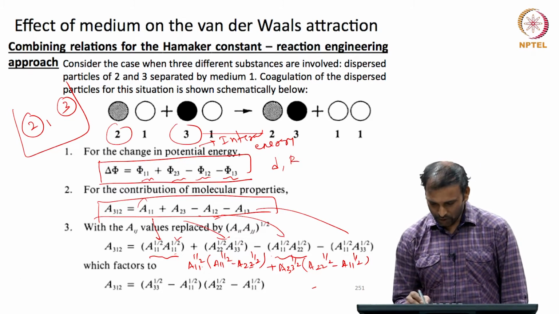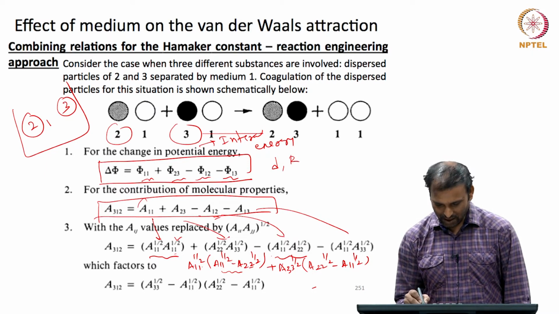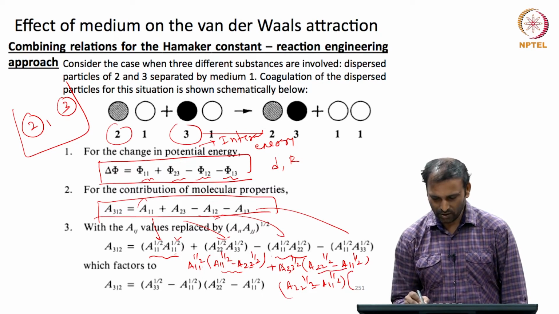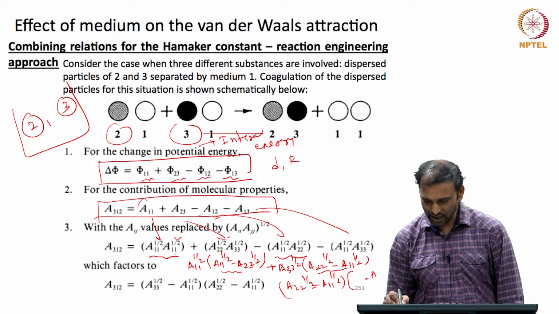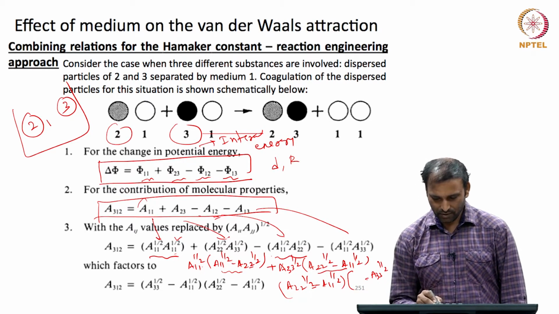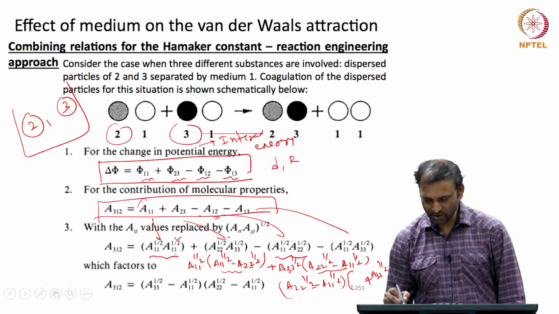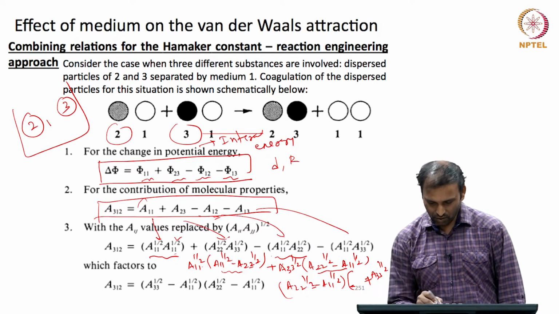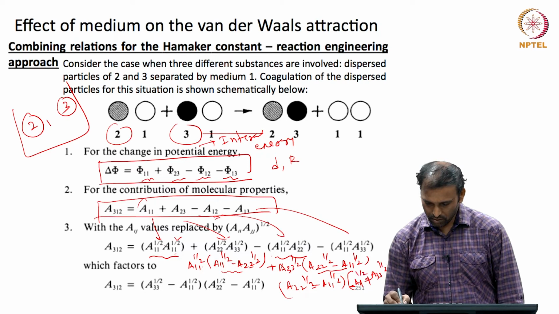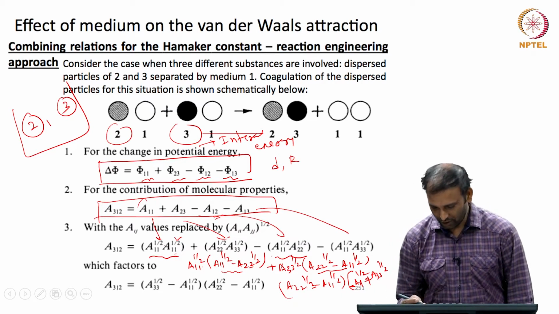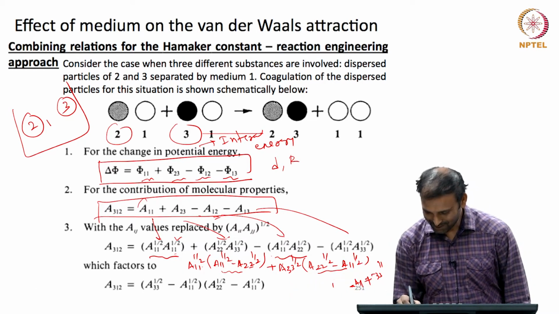Now, because one is positive, the other one is negative here, I can take A22 half minus A11 half common. Therefore, this becomes plus, and I have minus A11 half. That is correct. It matches, I will tell you.